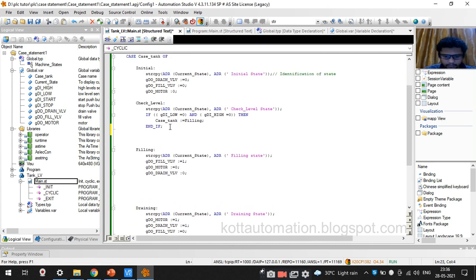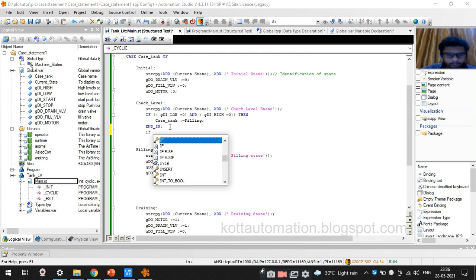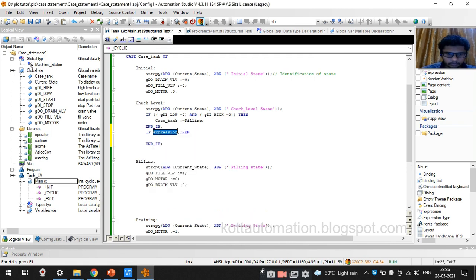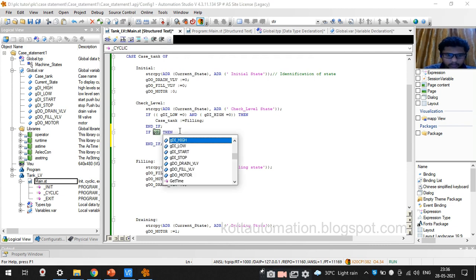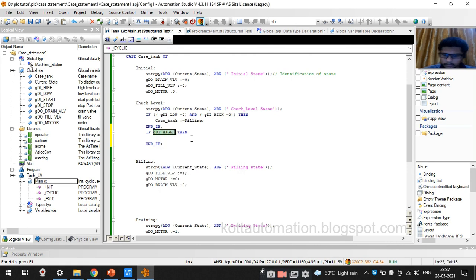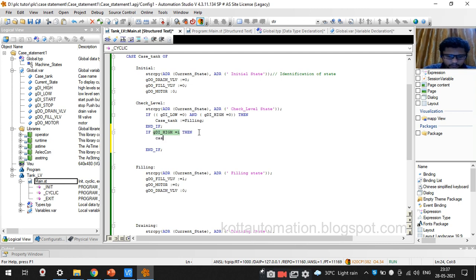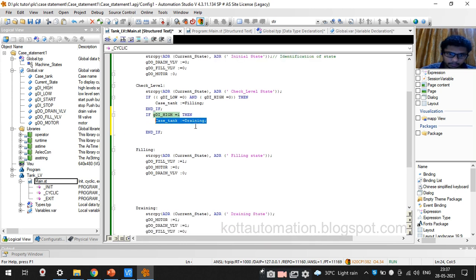Now in the check level again, if high level sensor is on, then my draining cycle should start, means this logic will directly come here in draining state.